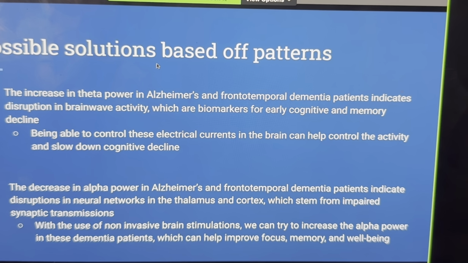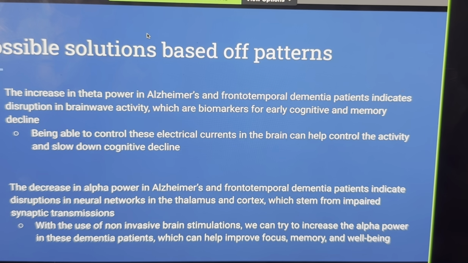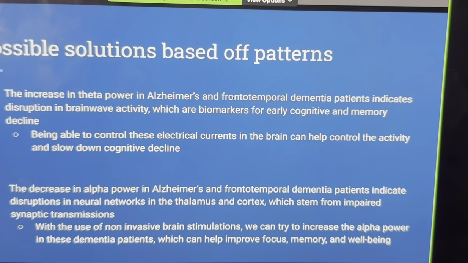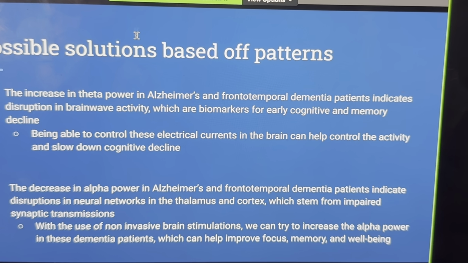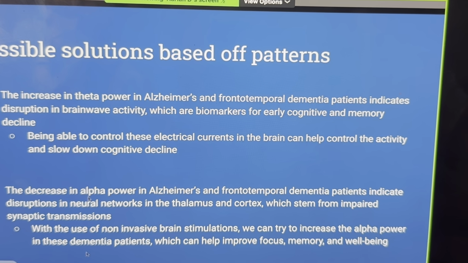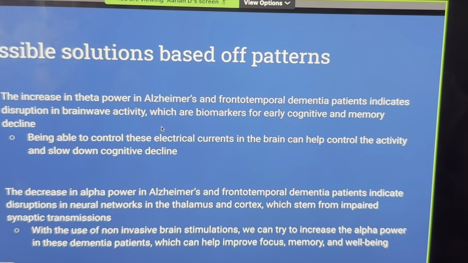And a possible solution to help with that is, with the use of non-invasive brain stimulation, we could try to increase the alpha power in these dementia patients, which can help improve focus, memory, and the well-being of their brain.